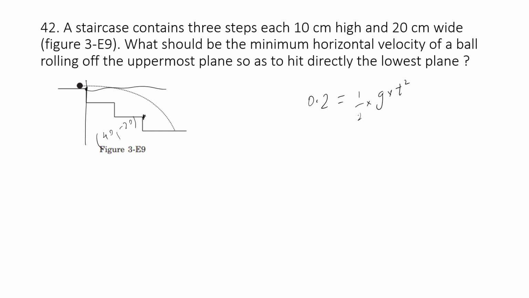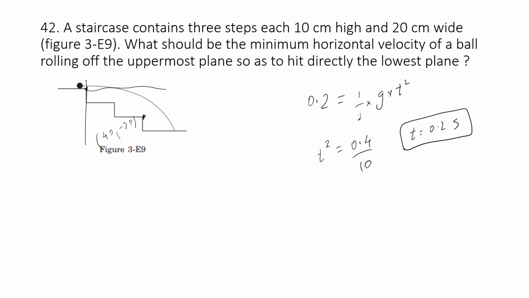Taking g to be 10, t square equal to 0.4 by 10. So t equal to 0.2 second. So the ball will take 0.2 second to reach this point in the y direction.